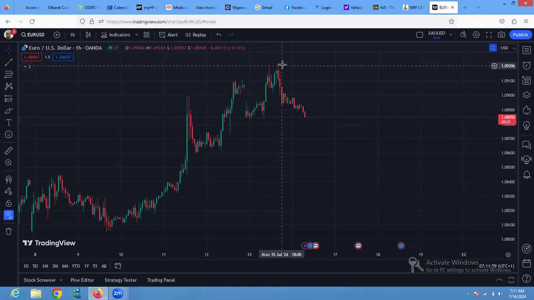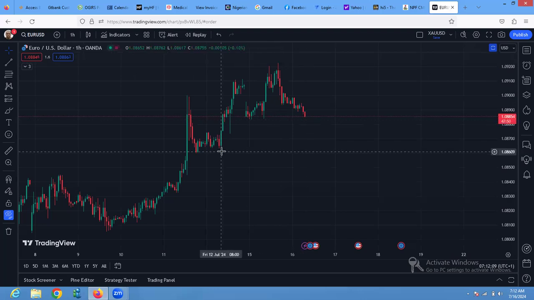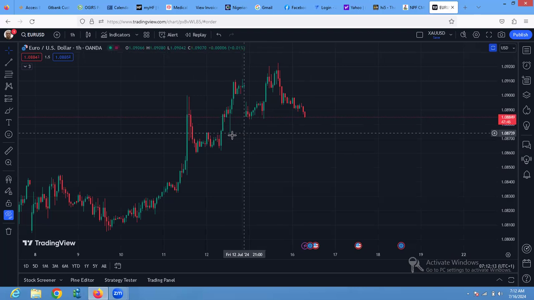So for me, I see this as a wave A, I see this as a wave B, and this as a wave C without taking the low here. This is an area where price should not take if we are going back to the upside. This area of where we had this week is an area we don't expect price to take. So that's about 1.08734.